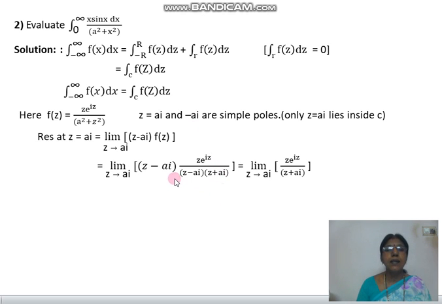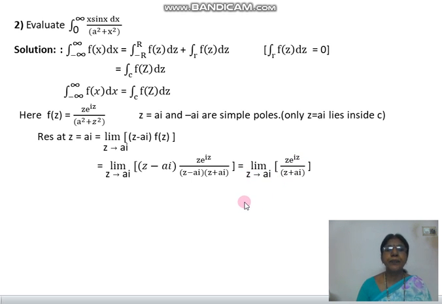Now here z minus ai cancels. What is the remaining? Limit z e power iz by z plus ai. Then you substitute ai.